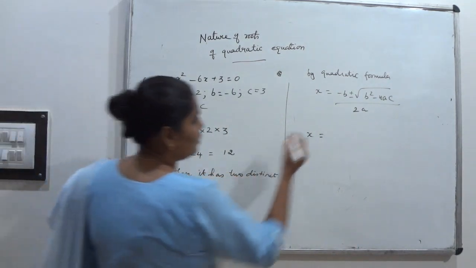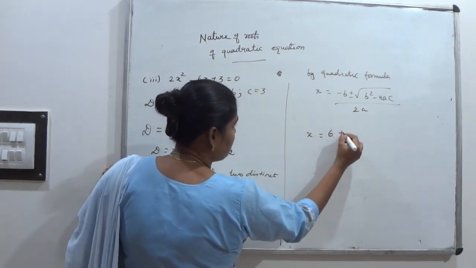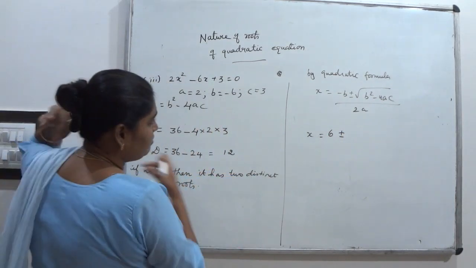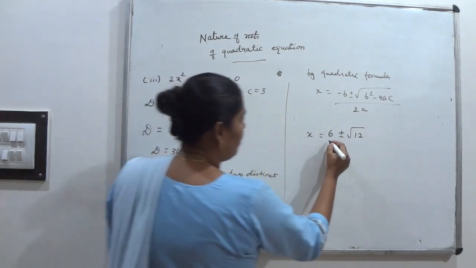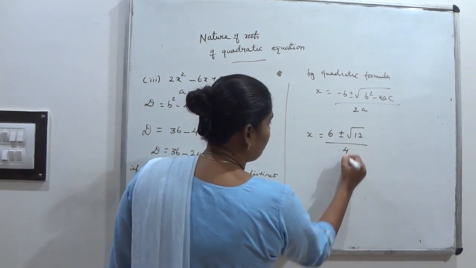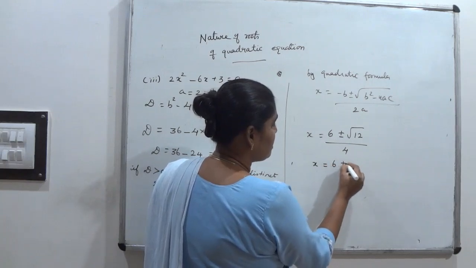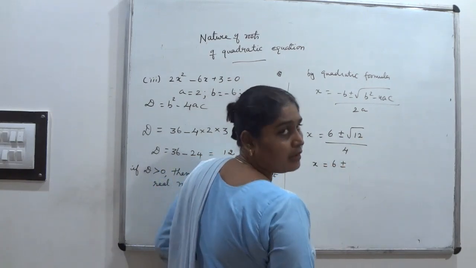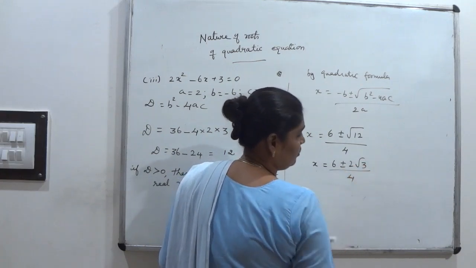Minus b, that is minus of minus 6, that is plus 6. Plus or minus b square minus 4ac, that is 12, upon 2a. 2 into a value is 2, so 2 into 2 is 4. Here I am writing x is equal to 6 plus or minus root 12, we can write it 2 root 3, upon 4.